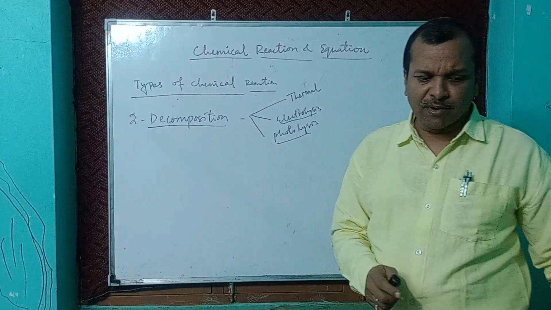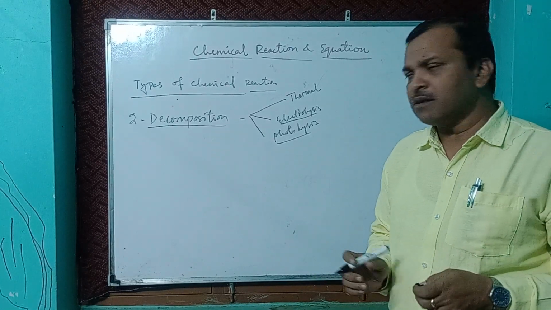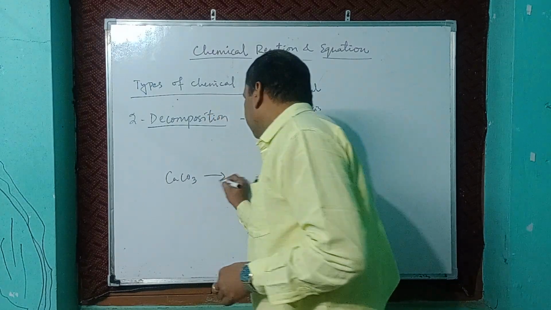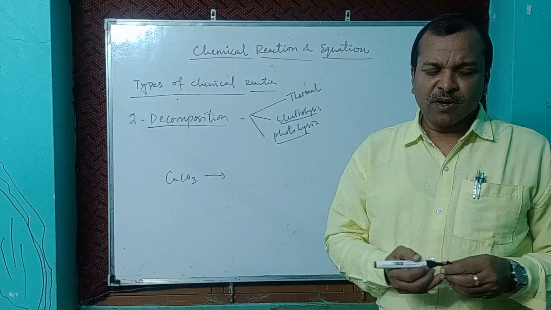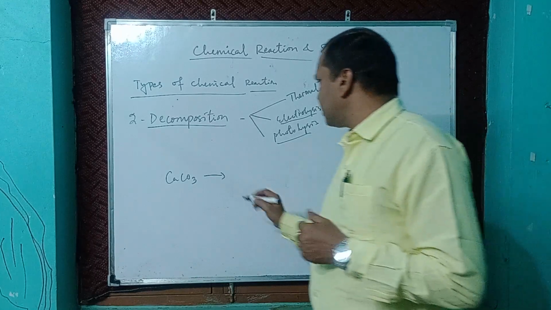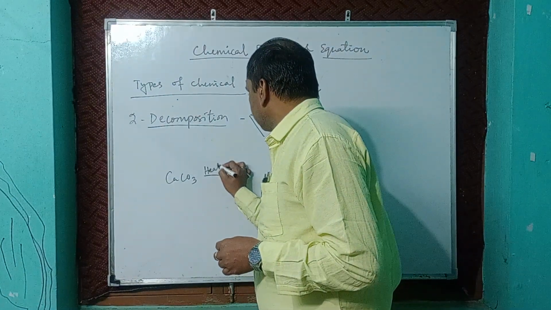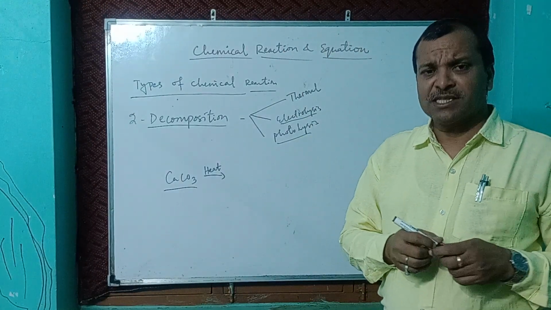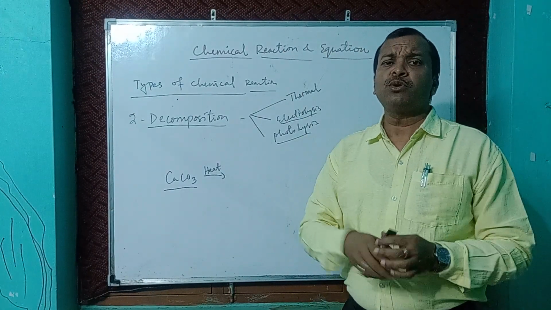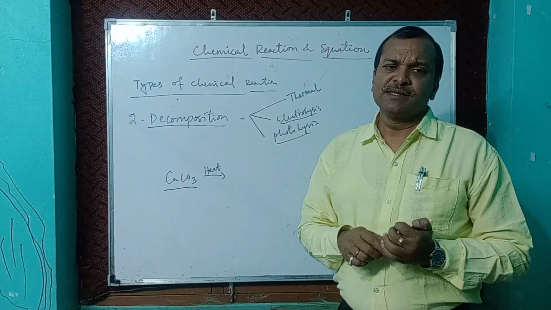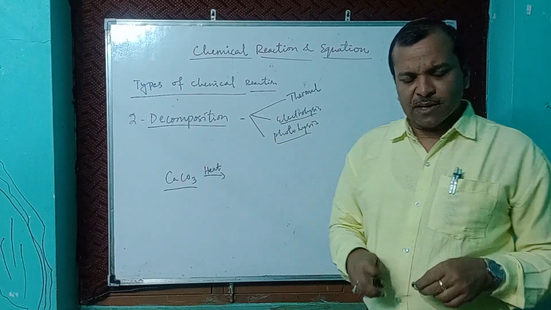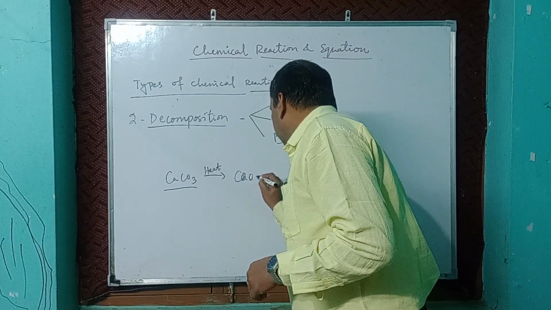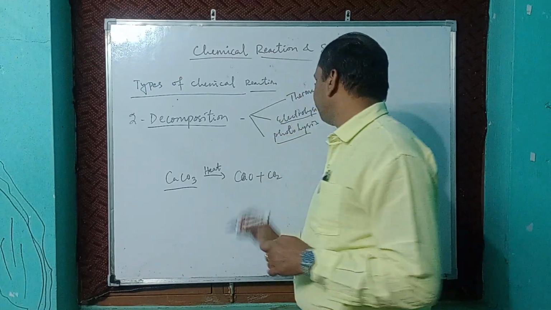First is thermal one. Thermal decomposition. What is thermal decomposition? CaCO3, calcium carbonate. When heat will be provided to calcium carbonate, it is one compound. When heat will be provided to calcium carbonate, it will decompose into two substances. First one is CaO, second one is carbon dioxide.